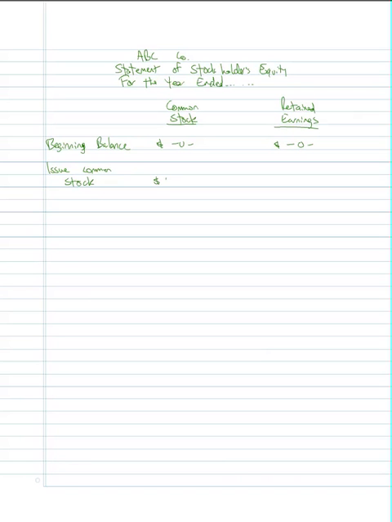There was a change to the common stock account because of the issuance of $50,000 of common stock, and there was a change to the retained earnings account because of the earning of $10,000 of net income. Again, relatively simple, but it's a complete summary of the transactions.